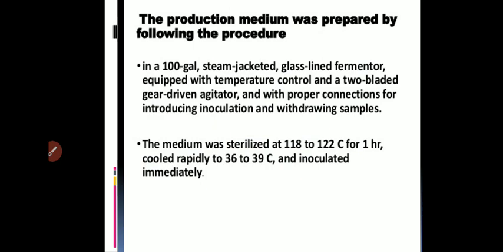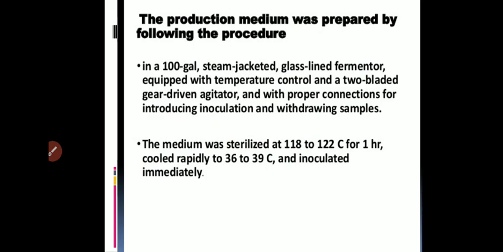Here all the temperature and pH controllers are set, as well as different types of agitators placed inside the fermenter to provide proper aeration and agitation. The fermentation tank also consists of two nozzles, one for inoculation of our strain and the second for the withdrawal of samples.